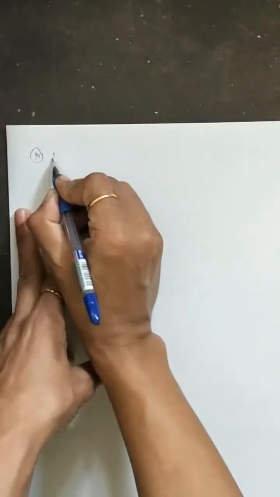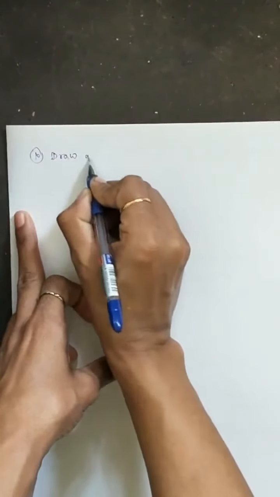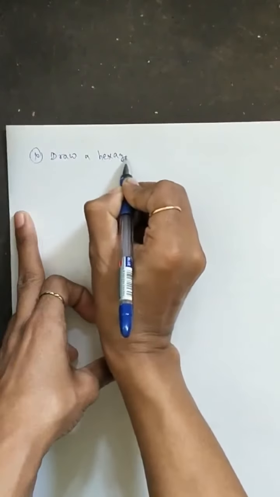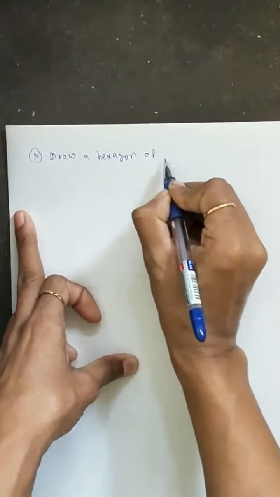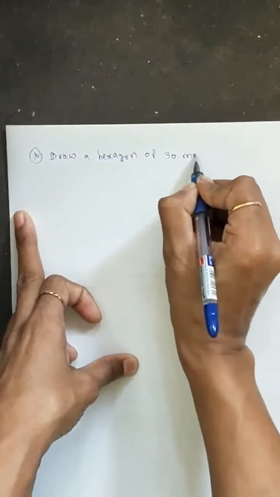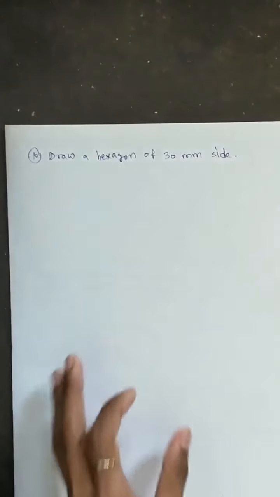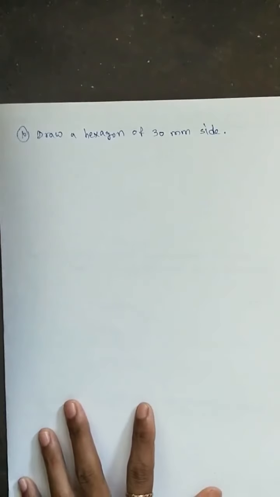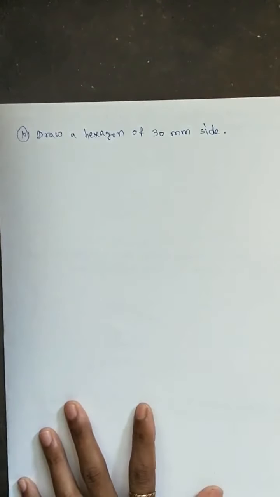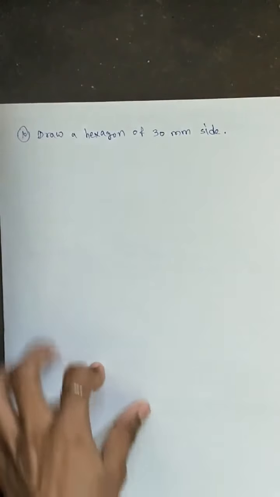So draw a hexagon of 30 mm side. If you want, then you can change the side. You can take 20 mm, 25 mm, 35 mm, 40 mm as you want.